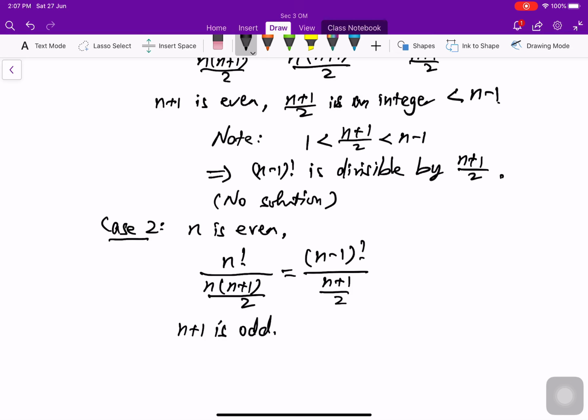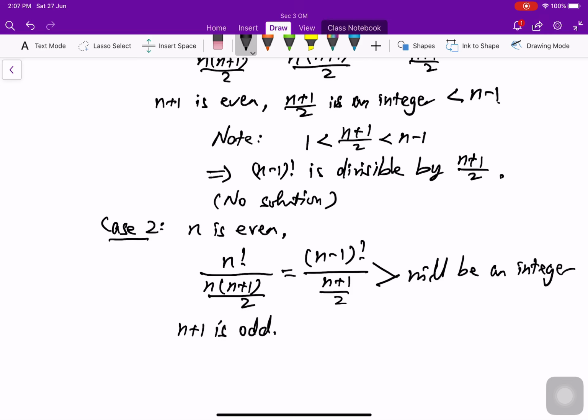Can you see that in this case, this will not be an integer? When does this happen?